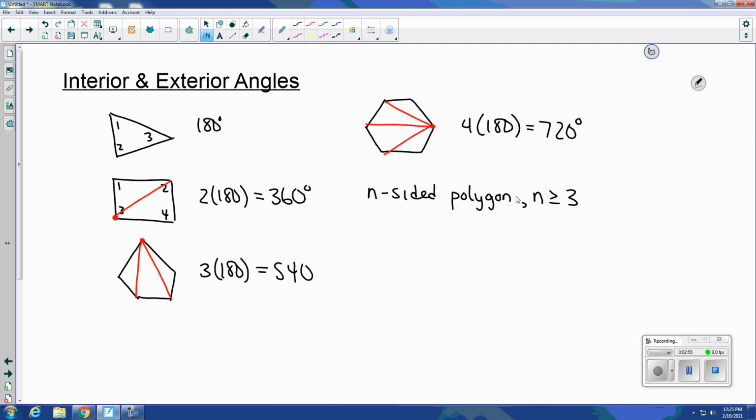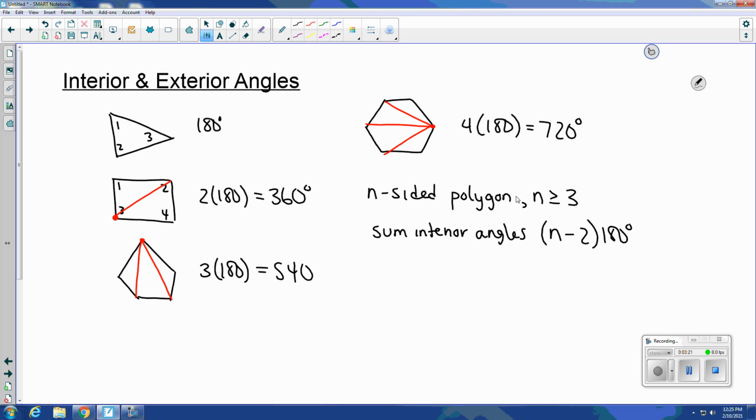Then the sum of the interior angles should be the number of triangles I could possibly divide the shape into by implementing diagonals times 180 degrees for each triangle. So how many can we divide it into? Well, it's always the number of sides minus 2 times 180. So there's our formula for the sum of the interior angles.